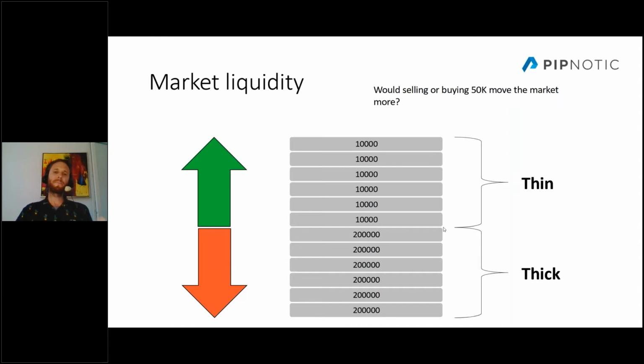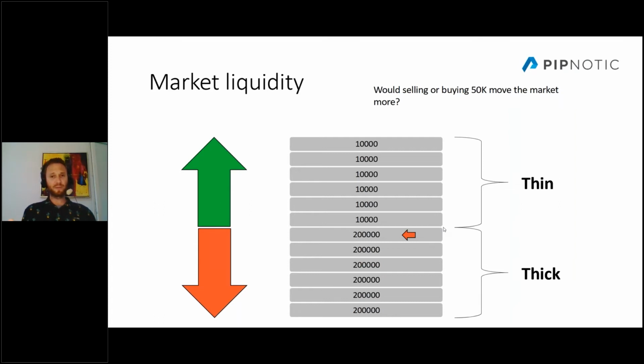And if we want to buy 50,000 units of this asset, so let's start with the sell example, because this is where my slides are telling us. If we're selling and we sell at market, our order for 50,000 is absorbed into the available liquidity below the spot price, which is 200,000.